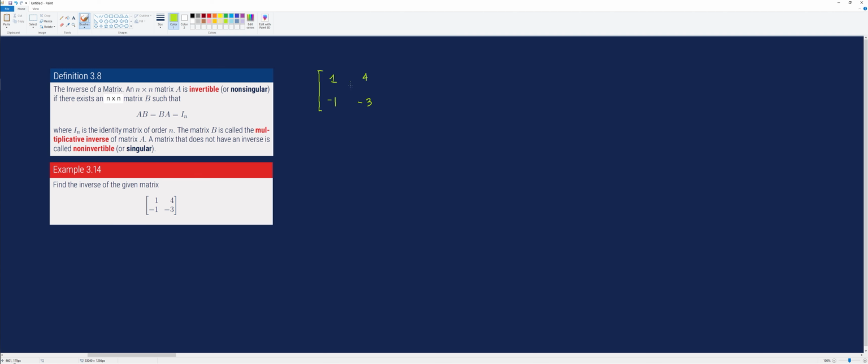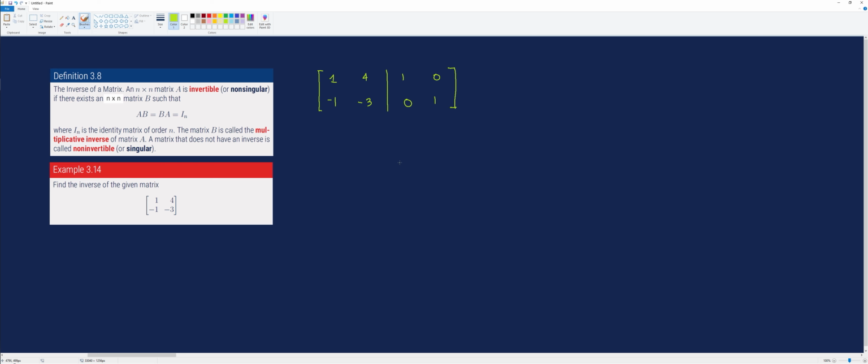After copying all the elements of our matrix, we will now create an augmented matrix. On the other side, we will write an identity matrix of the same size as our original matrix. So it is a 2 by 2 identity matrix. That is 1, 0, 0, 1.